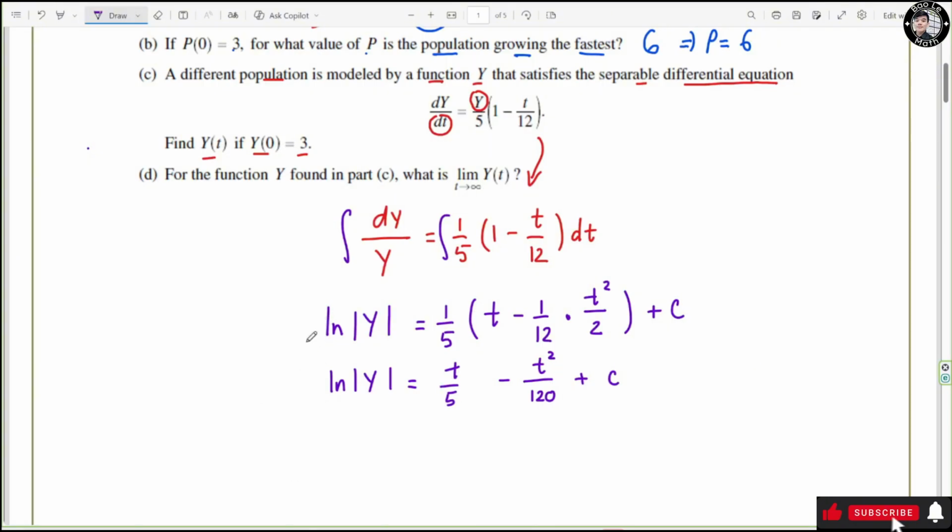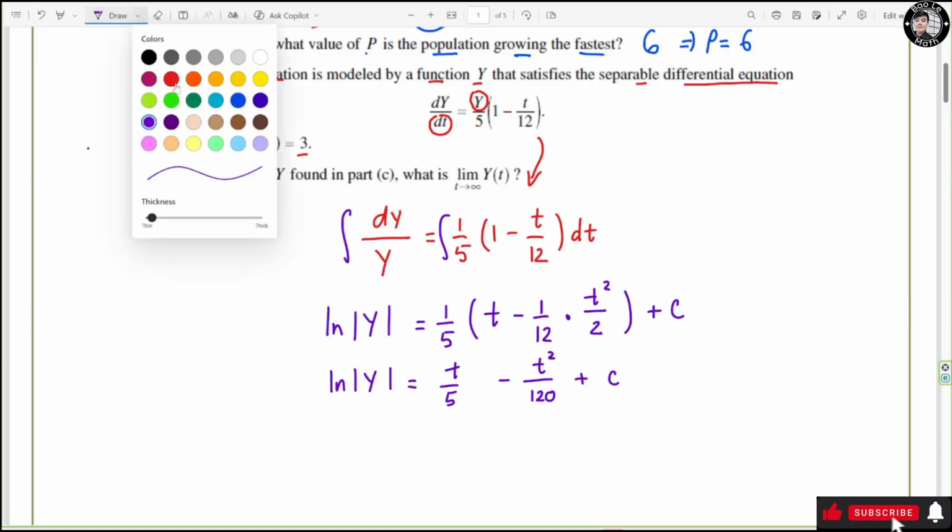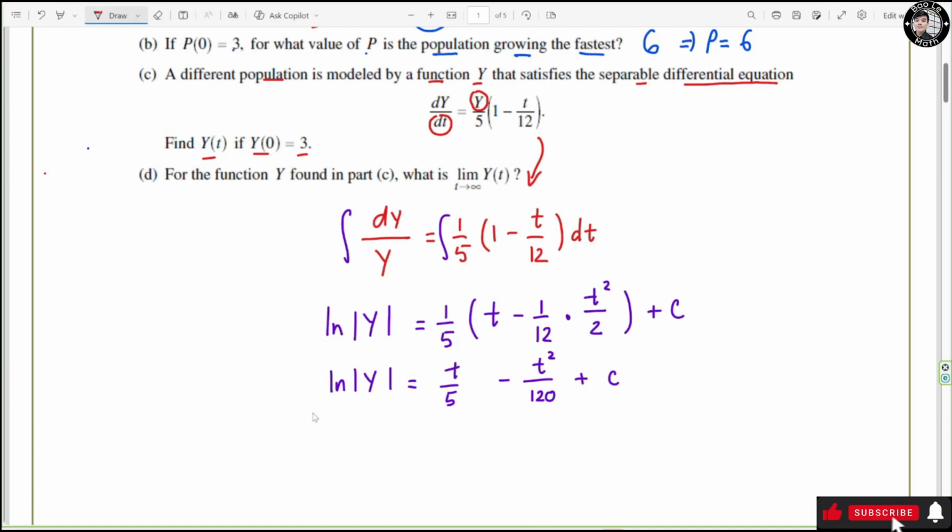Now I'm going to exponentiate both sides. So this becomes e to this and e to this. I'm going to apply the formula a to the log base a of b equals b, because ln is log base e. So log base e of the absolute value of y, and then e to that, is the absolute value of y.